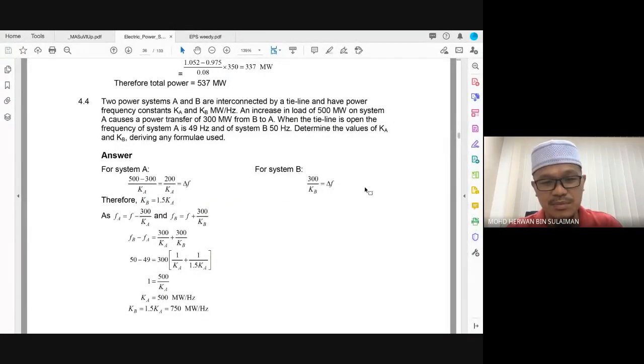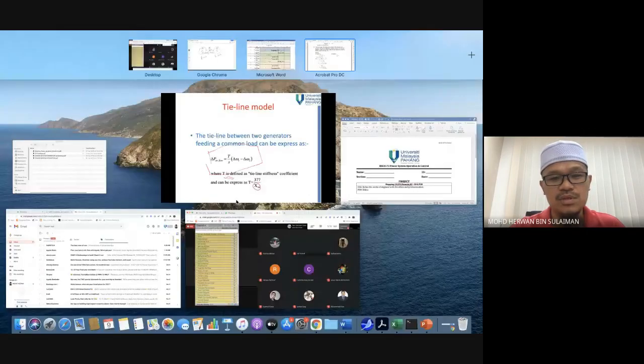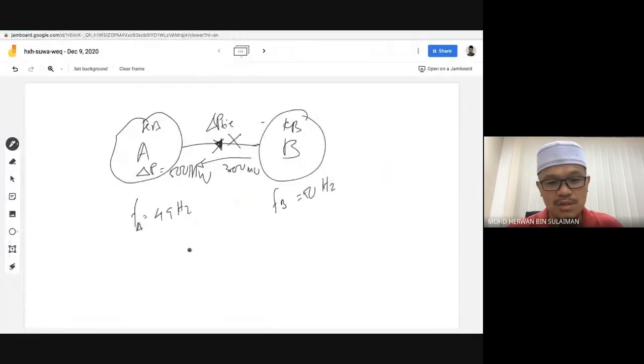The delta F is the same for both systems, and since these two are equal, 200 over Ka equals 300 over Kb.